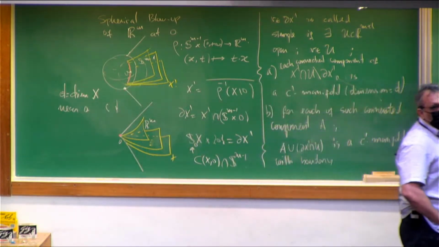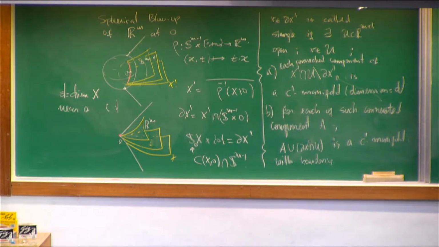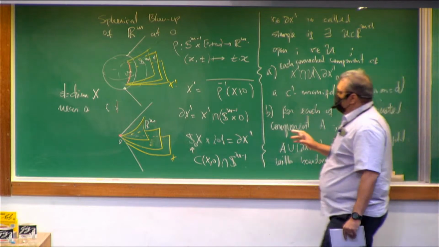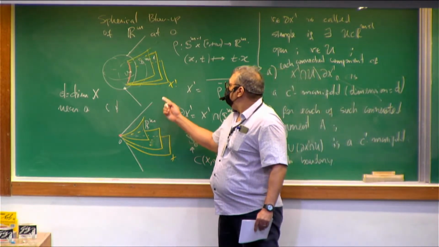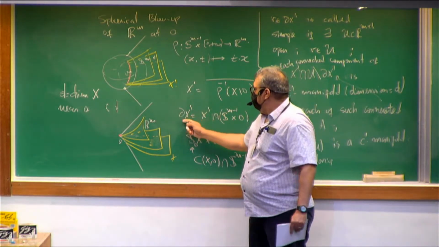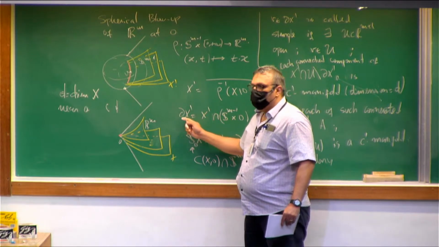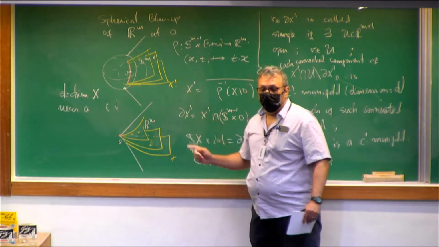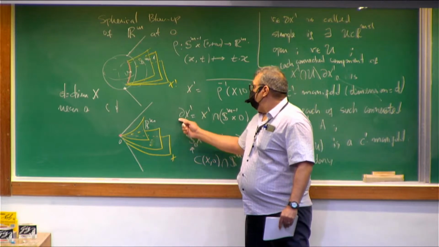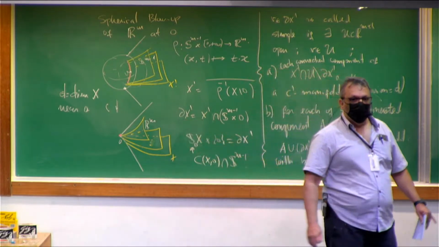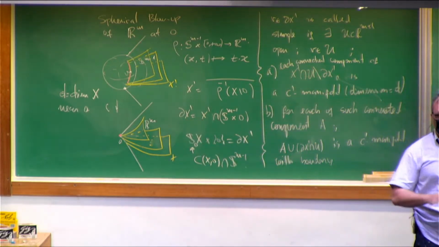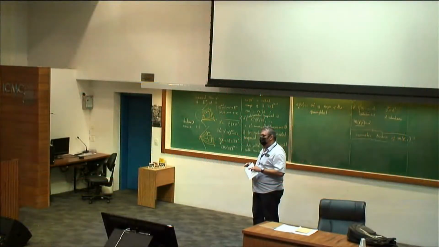Actually, you have a theorem by Pawłucki that when you are in the D-1 part of this, I mean, if you suppose this is subanalytic, X prime, then you can stratify. This is D-1 dimension.